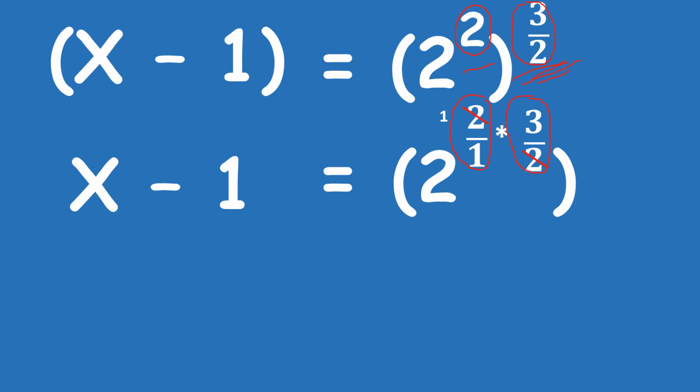And when we do that, they cancel out. The 2 on top and the 2 below cancel out. So we are left with the 3 on top.